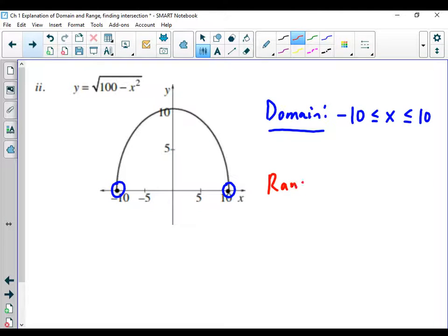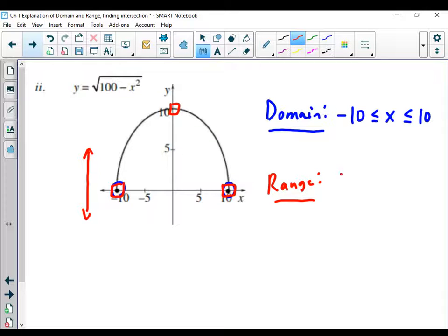The range. Well, the range now we're thinking in terms of y values. If I think about the y values, I'm going now up and down. So the lowest y value I got was at this point right here, when y was equal to 0. The highest y value I got was up here when it hit the y-axis at positive 10.